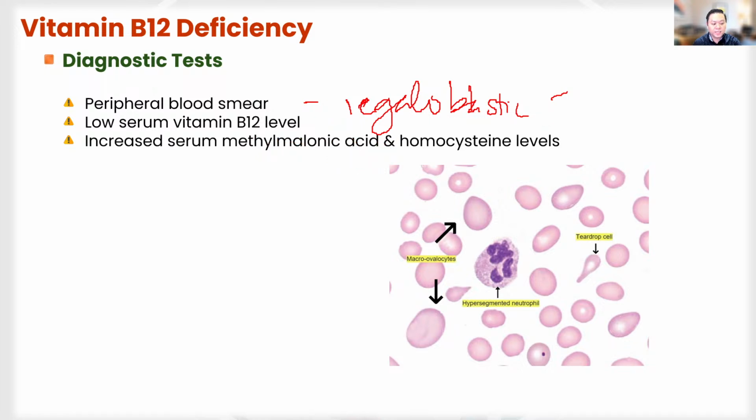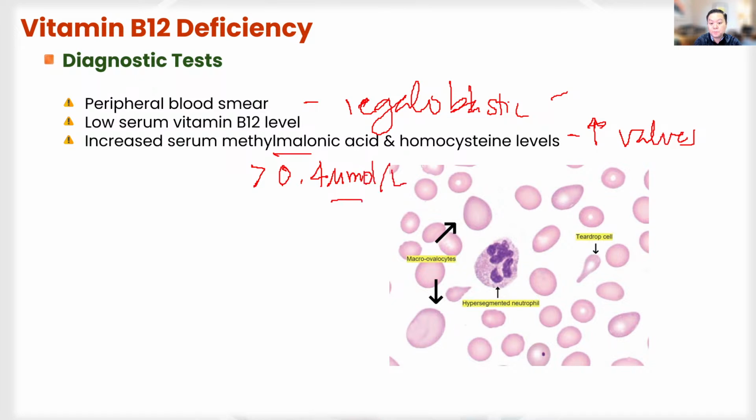And also, if we are looking into the methylmalonic acid and the homocysteine levels, let me erase this first. When we're looking into that lab value, then it can also reveal some elevation of the methylmalonic acid. There is an elevated value of the methylmalonic acid, which is going to be above 0.4 micromoles per liter.